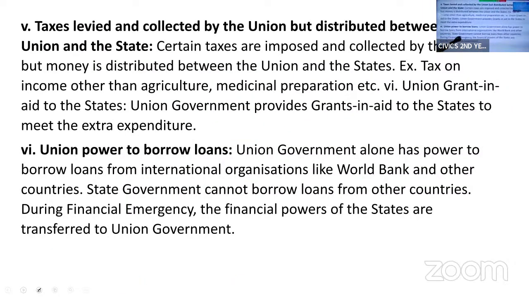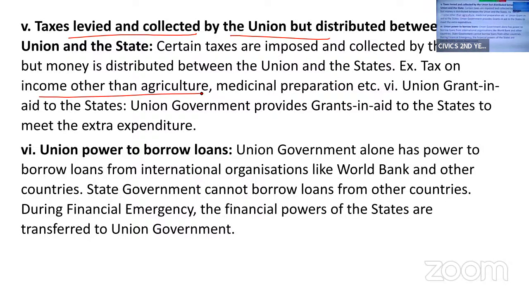Next is taxes levied and collected by the union, but distributed between the union and the state. Here the taxes are imposed by the union government and collected by the union government. After collecting the tax, they distribute the tax money between the union government and the state government. Like tax on income other than agriculture.